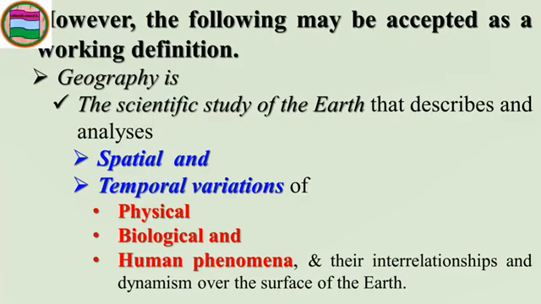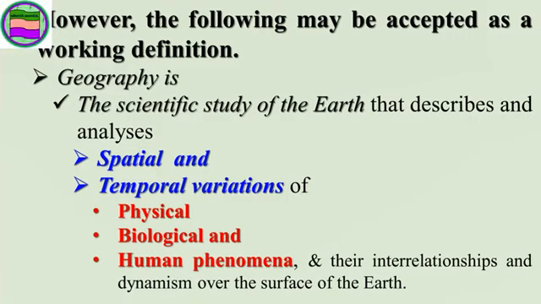Spatial variation means that physical, biological, or human phenomena vary in terms of location. When we talk about temporal variation, physical, biological, and human phenomena vary from time to time. So geography studies the spatio-temporal variation of the physical environment, for example soil type and climate condition, and also of biological and human phenomena.